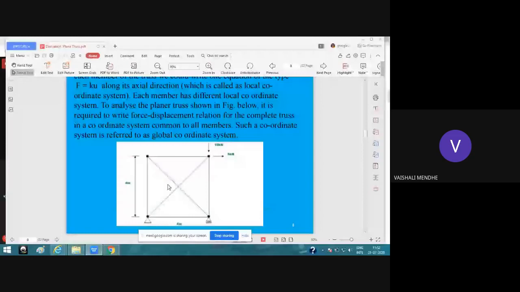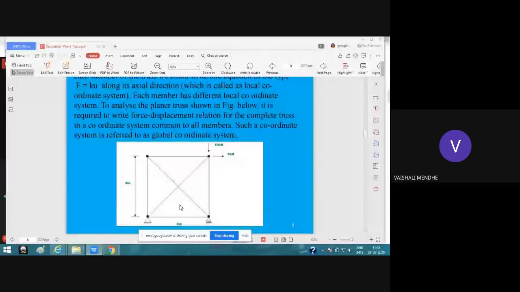So your x-axis will always act along that member, and the y-axis will be perpendicular to the x-axis. In this truss, as there are 6 members, every member will have a different local coordinate system, because the orientation of each member is different. So for every member, local x and local y will be different.